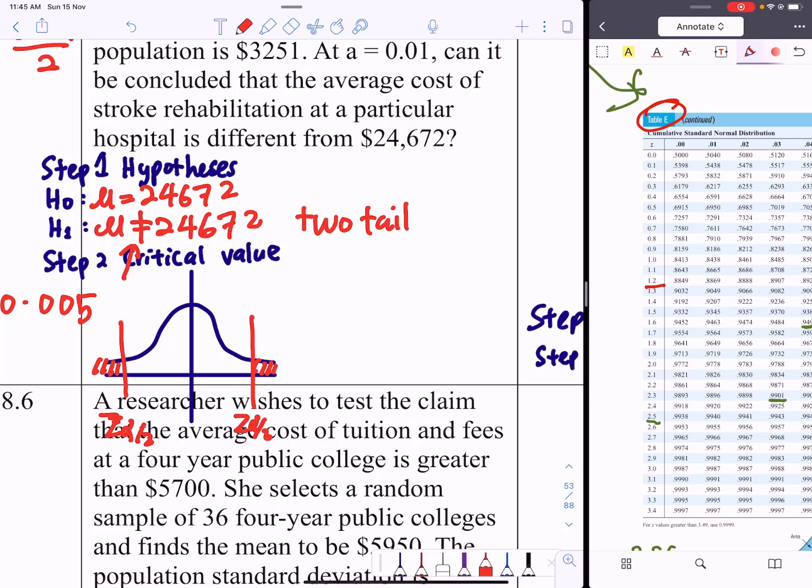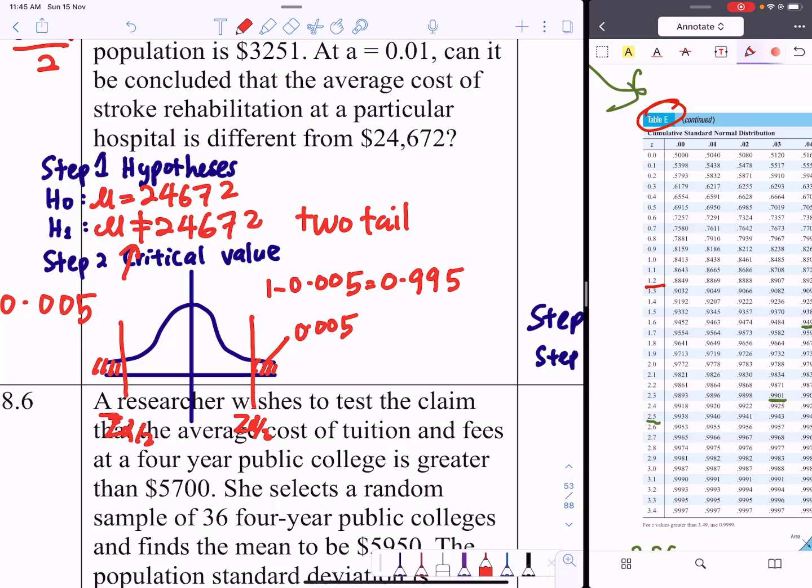Now we need to subtract from 1: 1 minus 0.005 equals 0.995.